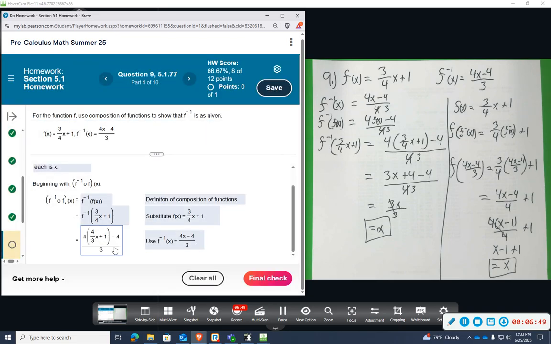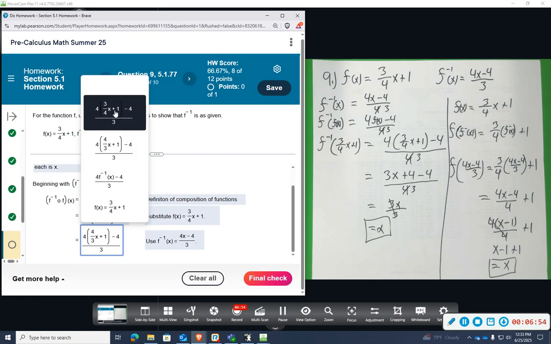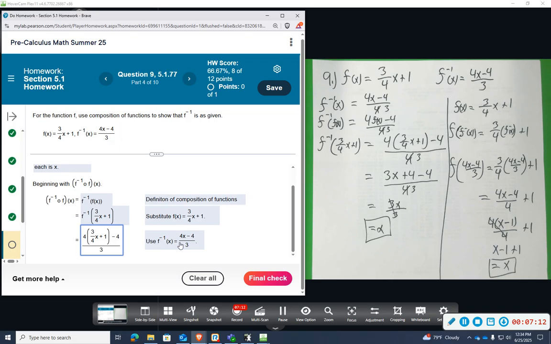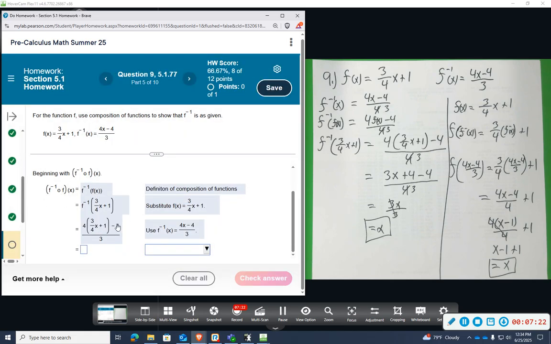They don't like that either. Sometimes it's hard to figure out what exactly they're wanting us to look at. Maybe this is it because I got this backwards. I got 4 over 3, and ours is 3 over 4x plus 1. Yeah, I got that picked wrong. I guess that one was right, so I just picked the wrong one here. So many of them are written similar. Got to pay close attention.